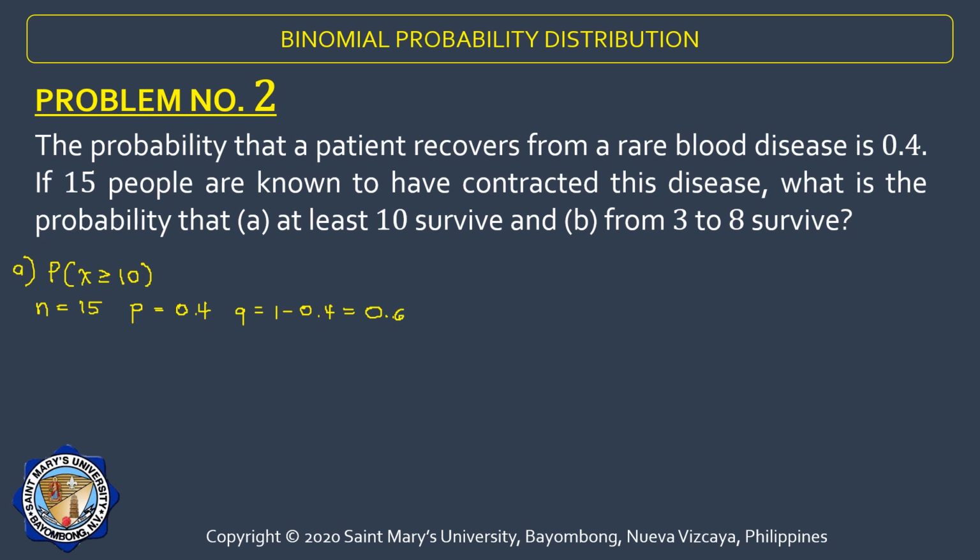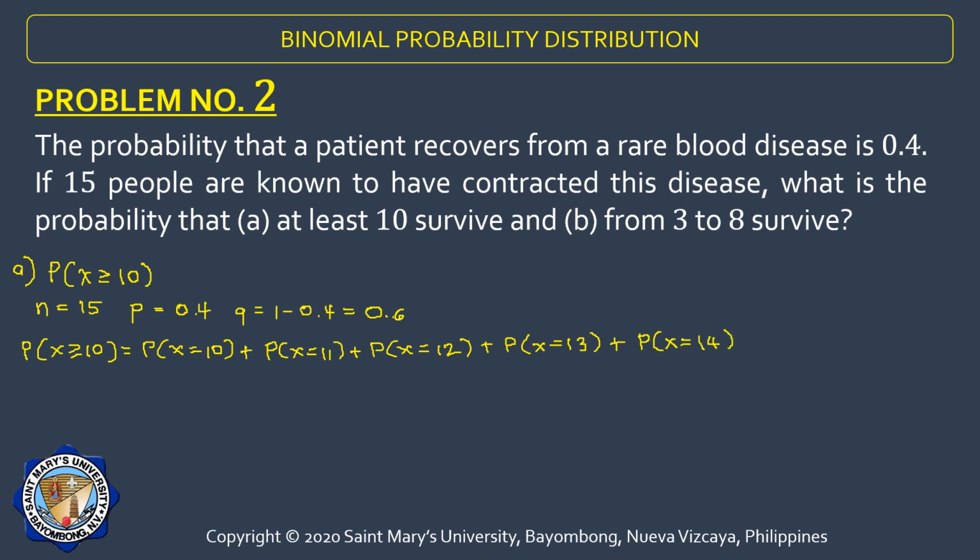So, probability of x greater than or equal to 10 is the same as probability of x equals 10 plus probability of x equals 11 plus probability of x equals 12 plus probability of x equals 13 plus probability of x equals 14 plus probability of x equals 15.